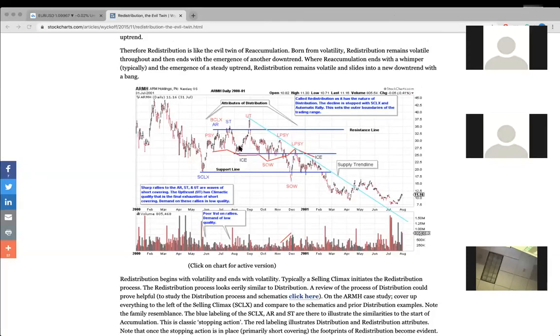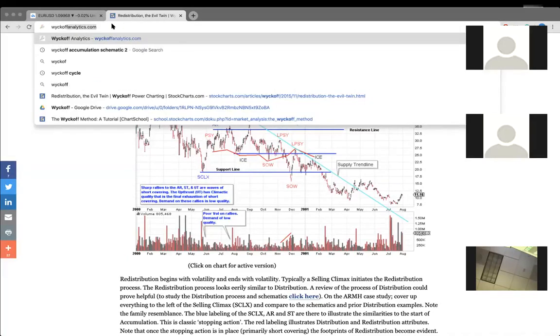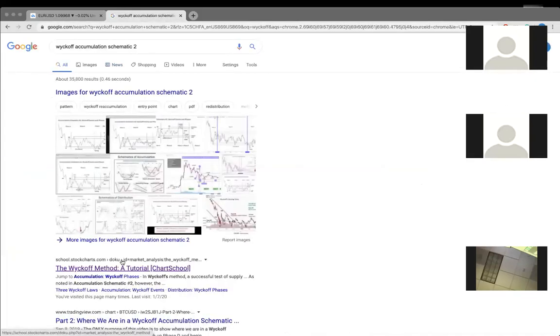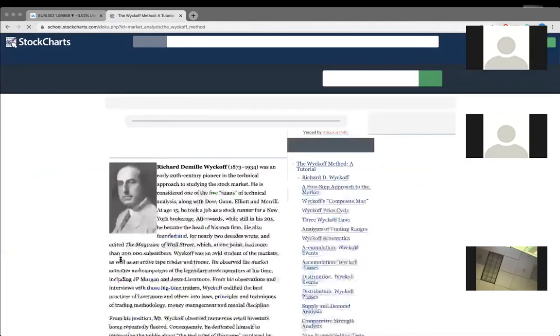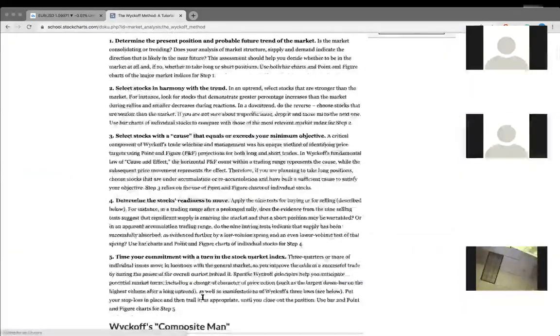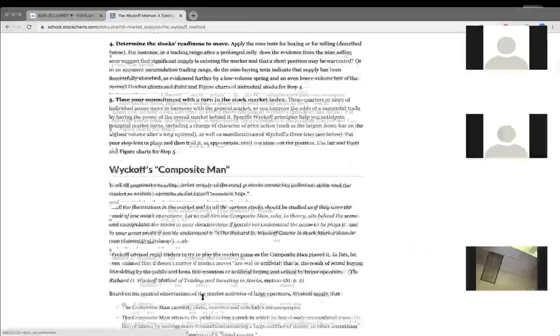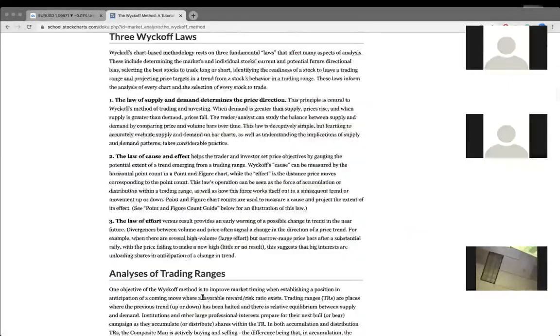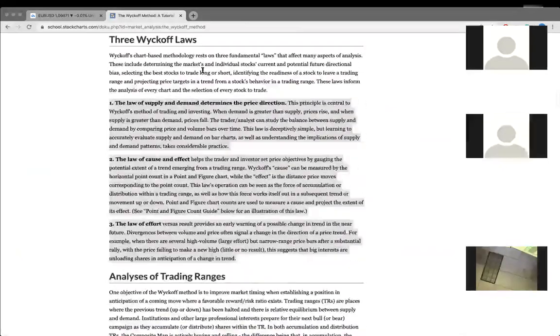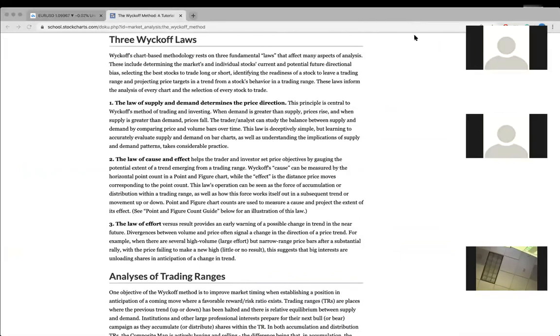So instead of me telling you to go look at these Google pics and just try to copy paste it on a chart, you should be studying the rules, the approaches, the cycle, the laws, because these are the most important things. Once you understand the logic and apply it with the concepts that we use, that's when it's really going to click.